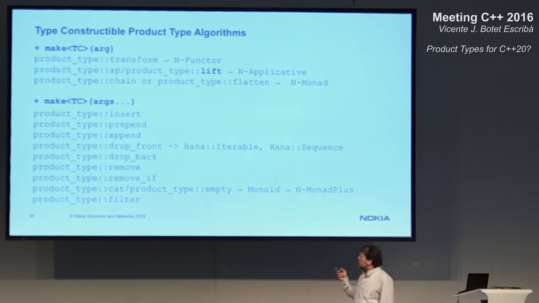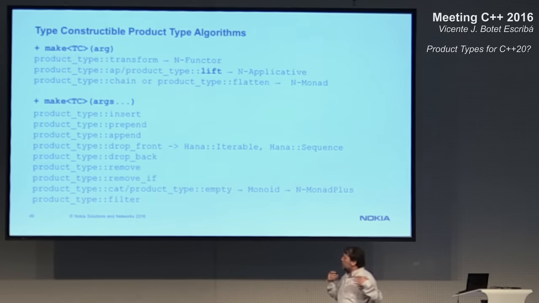If we are able to construct a new product type with a single element, what we have is that a product type of this kind will become a functor because we are able to define the transform function. Or we can define an applicative interface because the lift function will just be make. And of course, we can define a monadic interface for these product types.